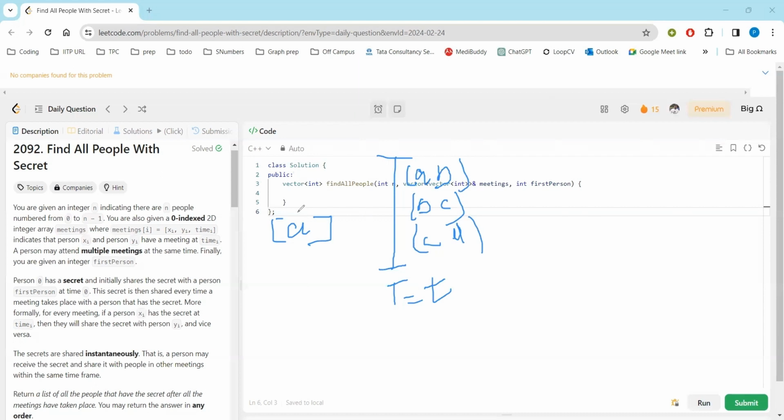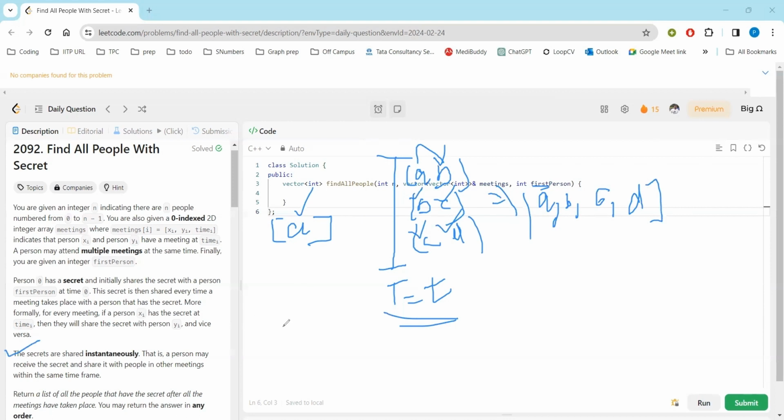Now, since A knows the secret, A will pass the secret to B instantaneously, and in the same time frame, B can pass it to C. Similarly, C can pass it to D. So we can say after time frame T, A knows the secret, B knows the secret, C knows the secret, as well as D knows the secret. That's what this point was saying.